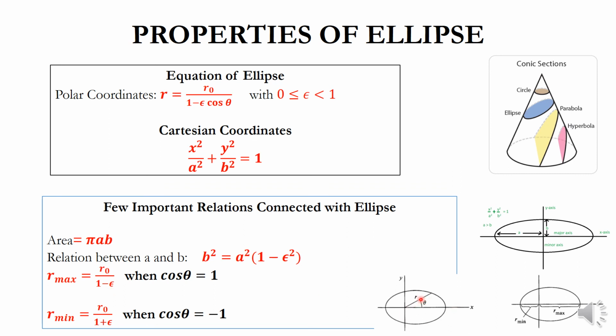So this R becomes maximum when cos theta becomes 1, or theta becomes 0. And this R becomes minimum when cos theta becomes minus 1, that is when theta is equal to pi, 180 degrees. Then R becomes R minimum, which is equal to R0 by 1 plus epsilon.